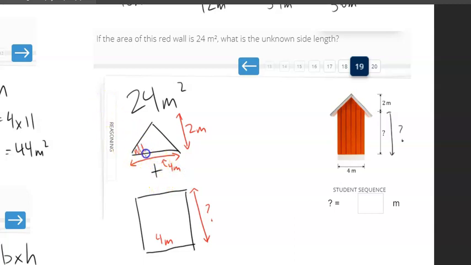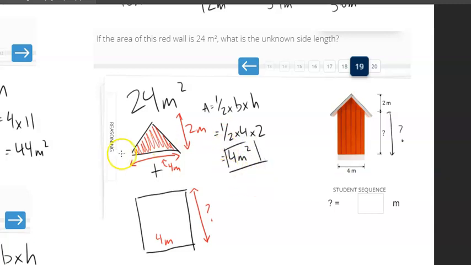And we know the area of a triangle. The area of a triangle is just half times base times height. So this is half times whatever our base is, 4, times whatever our height is, which is 2. And when you pop this into the calculator, you'll end up getting 4 squared meters. So we know that this is 4 square meters. And what we're trying to look for now is, what could this area be?